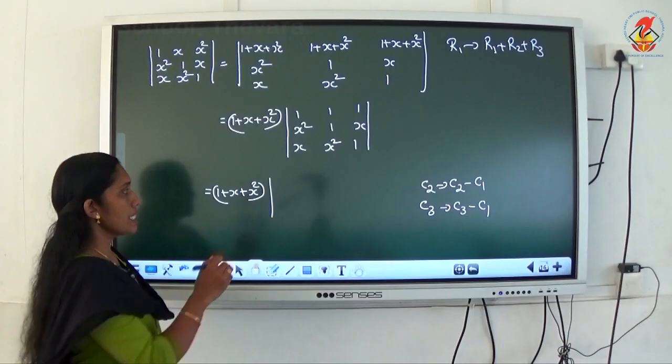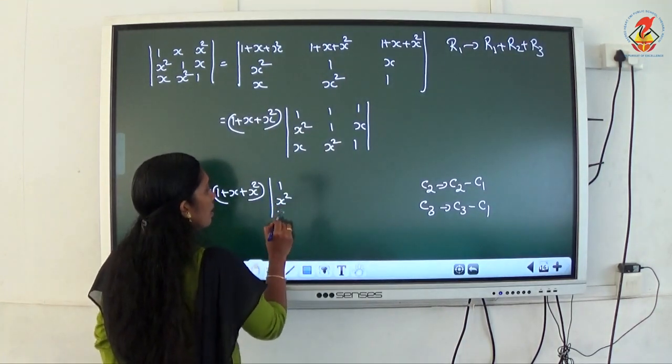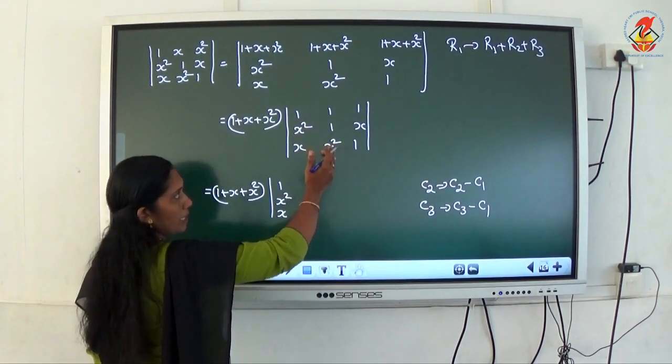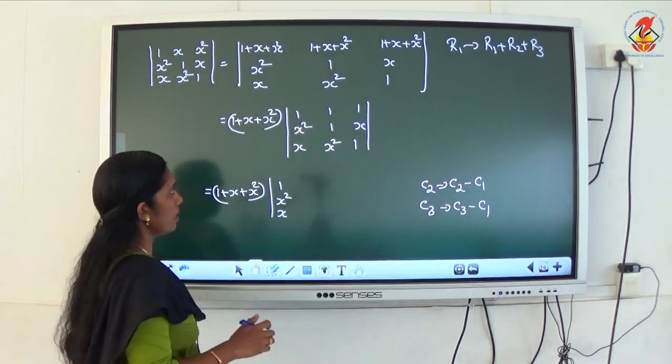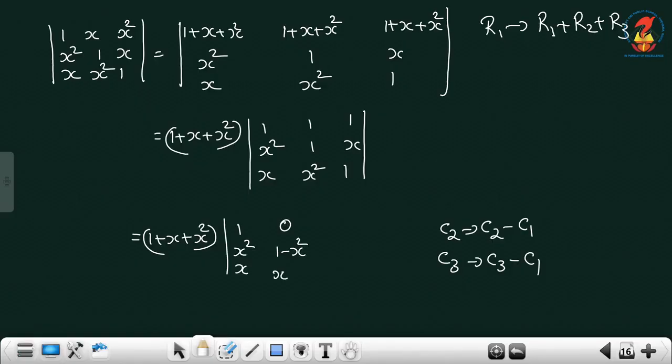So C1 stays as itself, and the other two you have to change. So we get 1, 1 minus x², x minus x², then 0, 1 minus x, and so on.